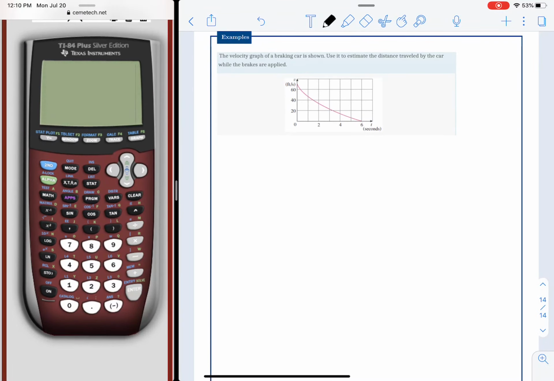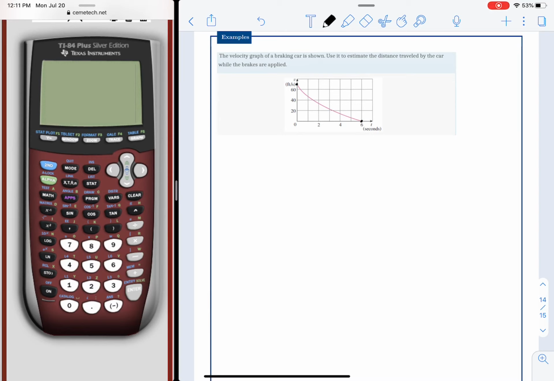Here is an example where the velocity graph of a car is given to us, and we want to estimate the distance traveled by the car when the brakes are applied. So at time 0, the brake was applied, and a few seconds later, at time t equals 6, the car came to a stop.